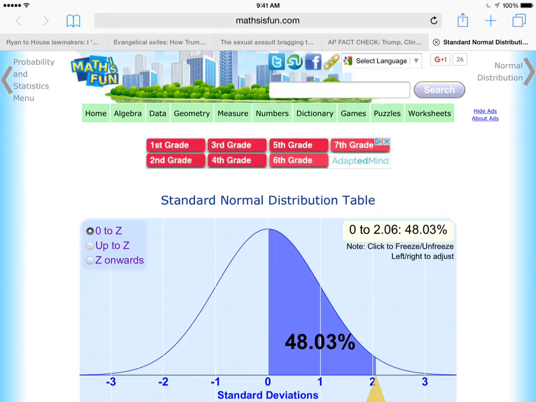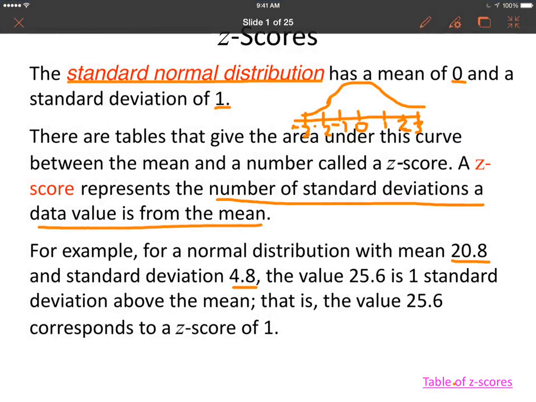In fact, here's a graph, and you can see if I move my cursor, it'll tell me that from a z-score of 0 to the z-score of 1.42, there's 42.22% of the data. All right, and if I could get this to scroll, I would show you the table, but it's not scrolling, so to the notes, and I'll show you in the notes. Okay, so let's turn the page.